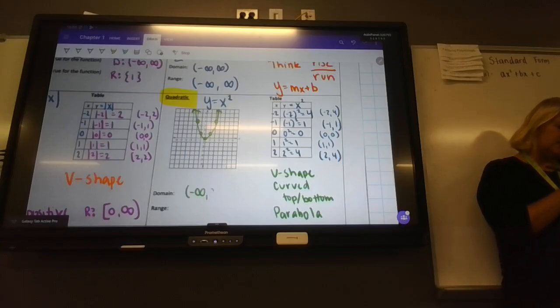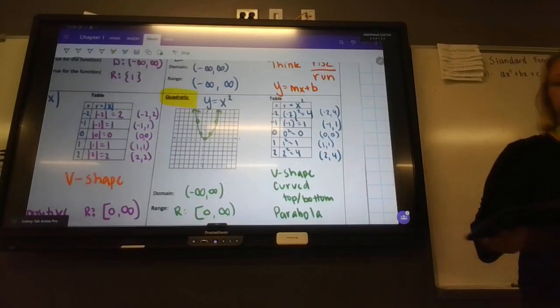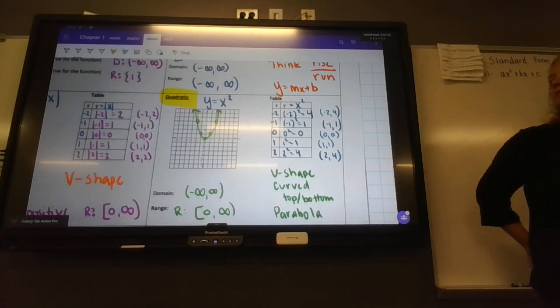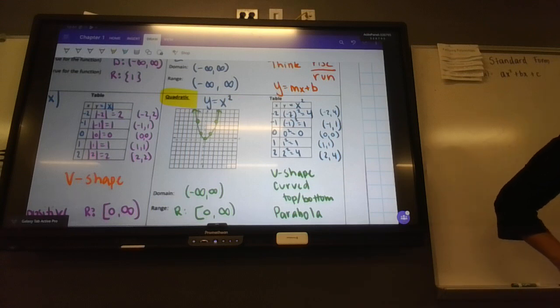Domain is all real numbers. In the range, we're going to do that hard bracket again. 0 to infinity. And these are the parents. So they don't show any transformations, but we could take this parabola and we could do a lot of things to it. Move it up and down, left and right, reflect it over.